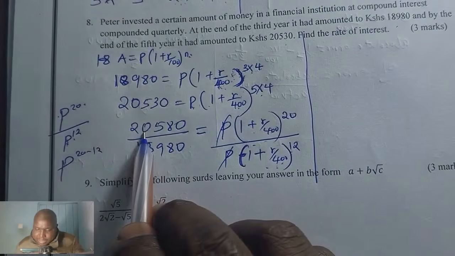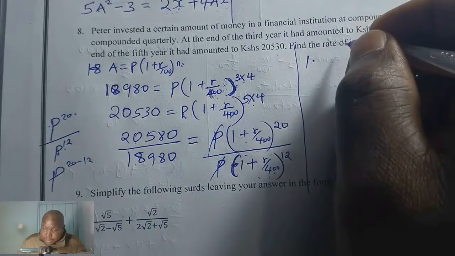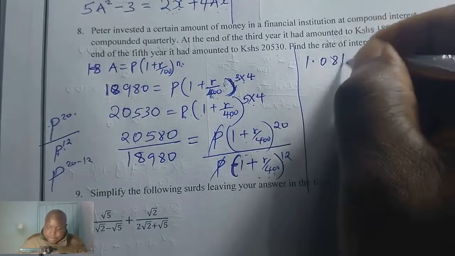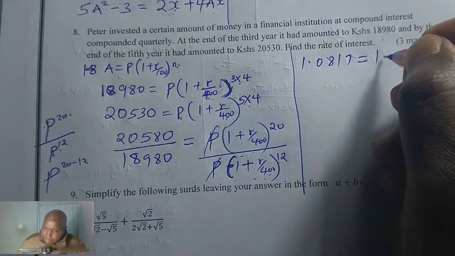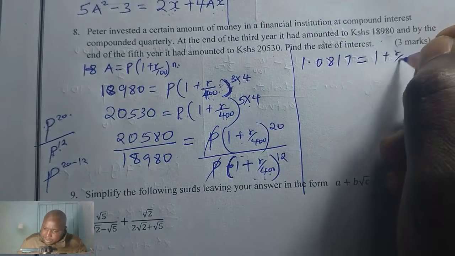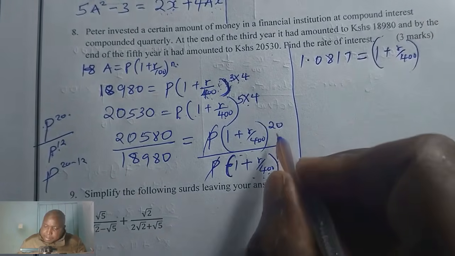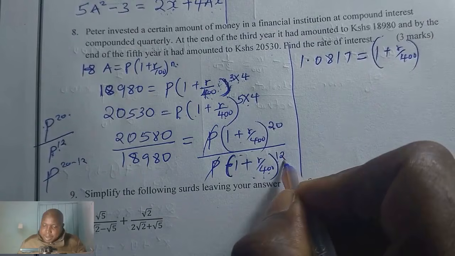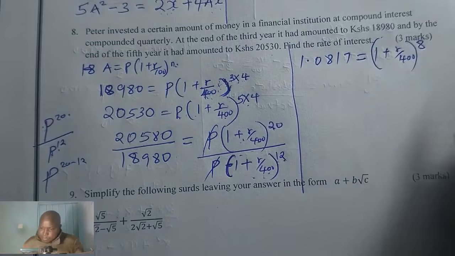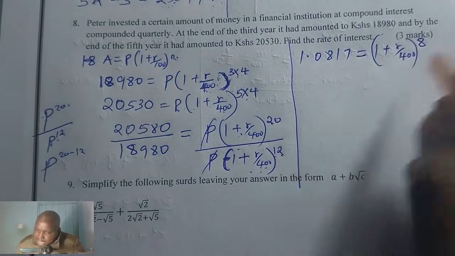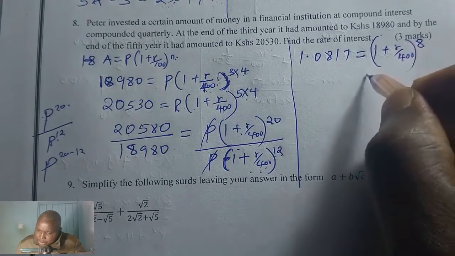20,580 divided by this, the answer is going to be 1.0817, which is equal to 1 plus R over 400, and then this 20 minus 12, because we are dealing with the powers, it's going to be 8. Now to get R, you take the 8th root of both sides.